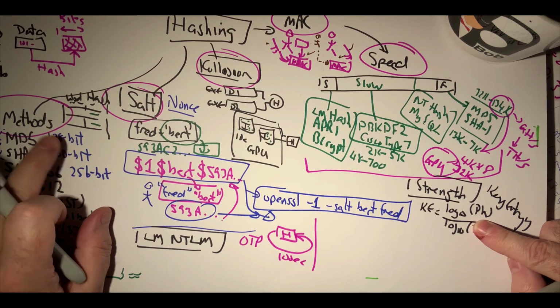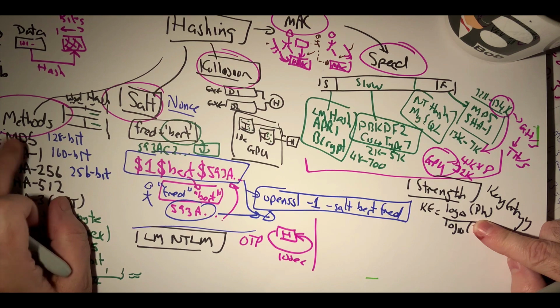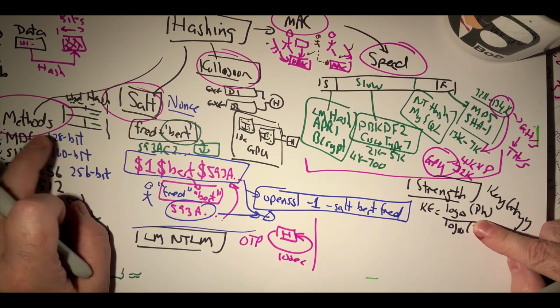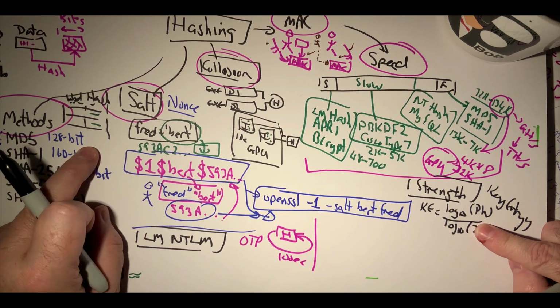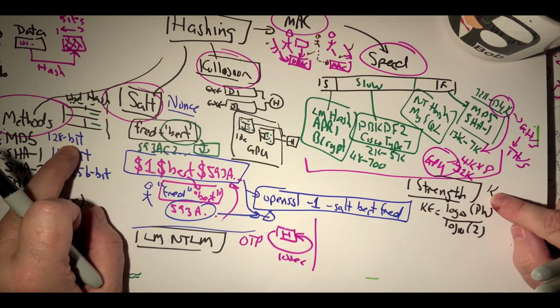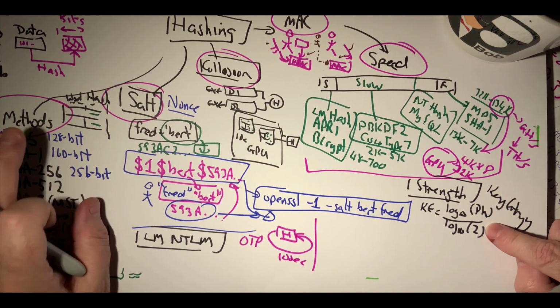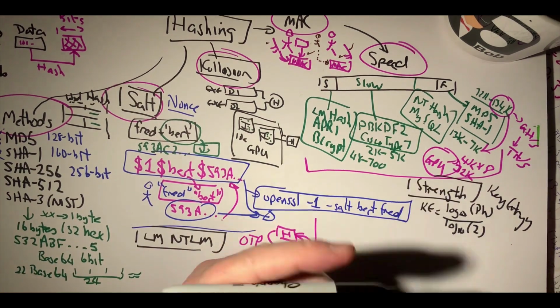If we used every single password that was possible, and generated every possible hash value, we would get a key entropy of 128 bits, or around that for MD5, wherever we have a completely random nonce. But obviously we don't.